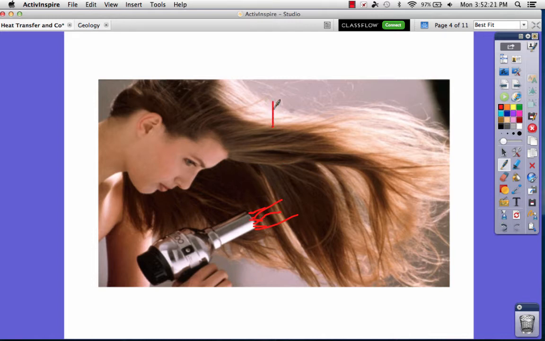And when we say fluid, we mean that this could be a liquid or it could be a gas.